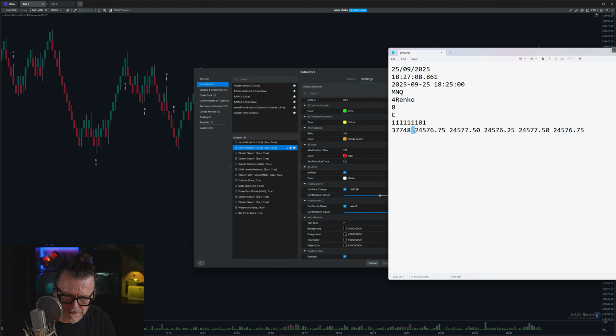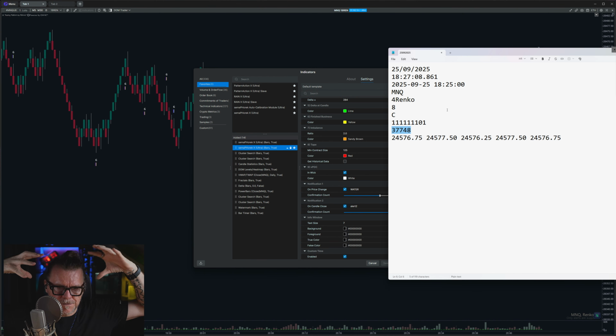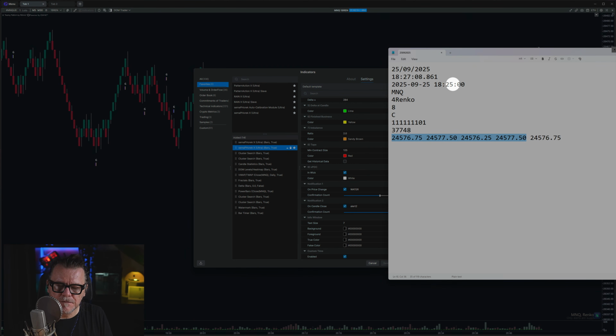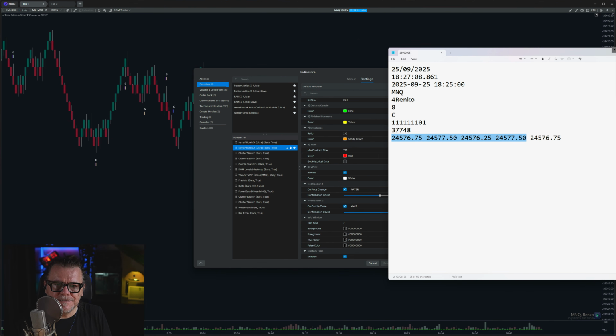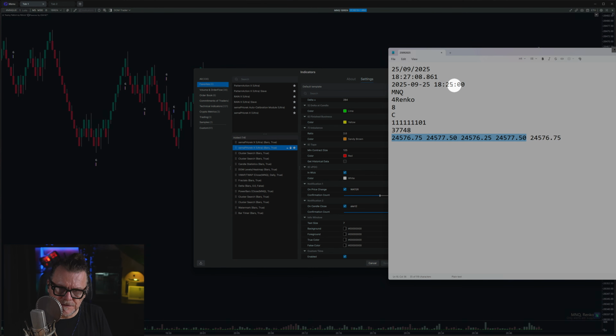Sorry, this is the ID of the candle. That's important because you can basically build the entire map of the chart outside ATAS. And here you get the information about the open, high, low, and close of the candle, which closed at 1827, and it was the candle from 1825.